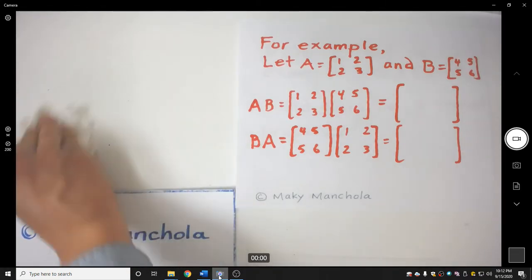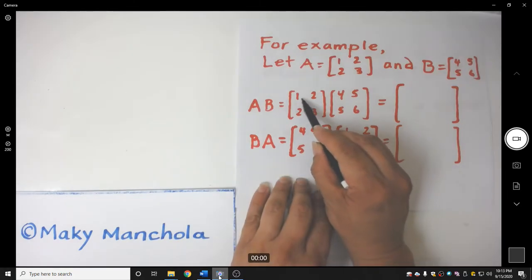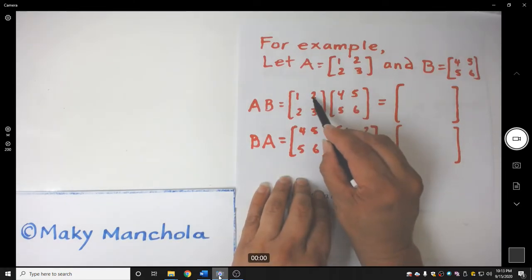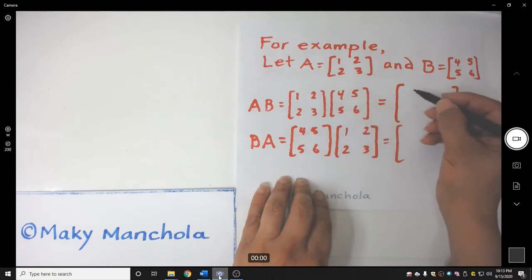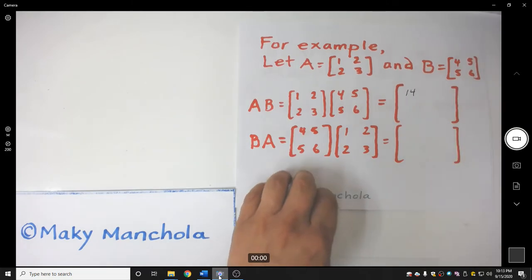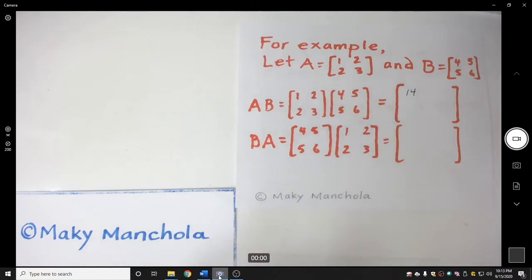If we multiply A times B, what do we get? Let's do that right now. 1 times 4 is 4, plus 2 times 5 is 10. 4 plus 10 is 14. 1 times 5 is 5 plus 2 times 6 is 12.